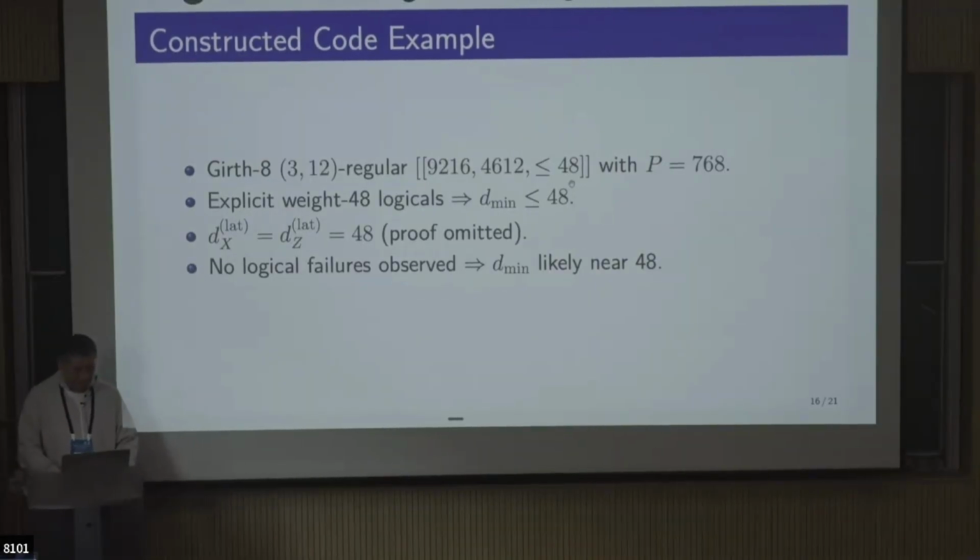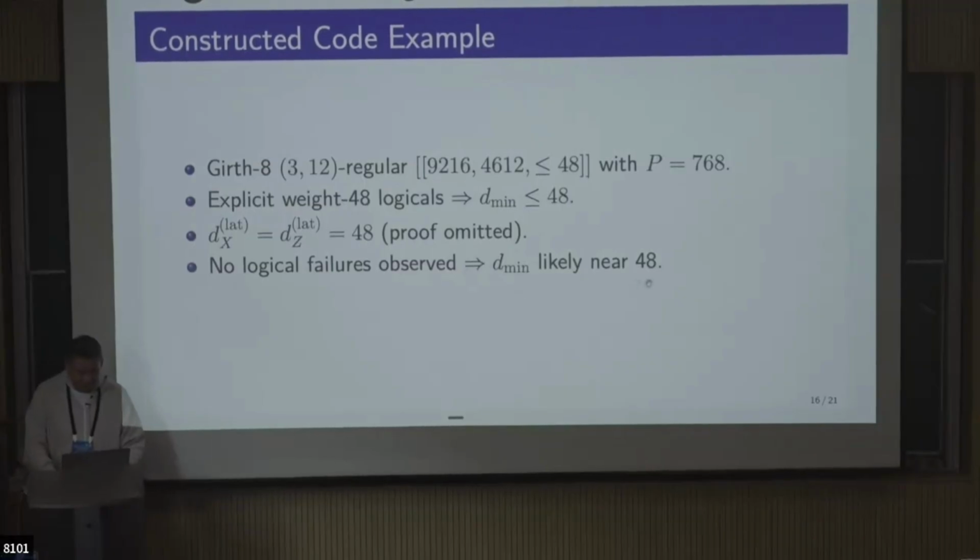But we have observed no logical failure in a huge amount of experiments and very vanishing error floor. So we believe that the true minimum distance is likely near 48.